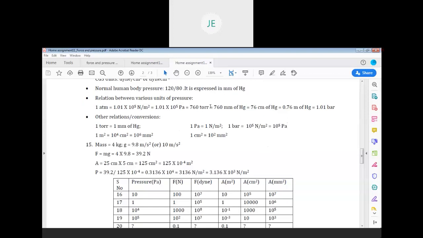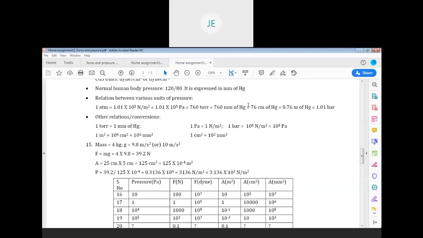And we have also learned what we mean by 760 mm of Hg. Under normal atmospheric pressure, if you take a 1 meter glass tube and fill it with mercury, it rises up to 760 mm.